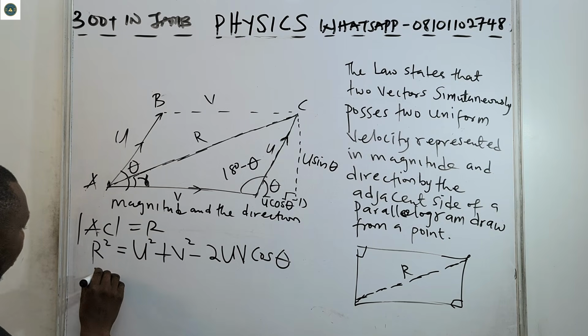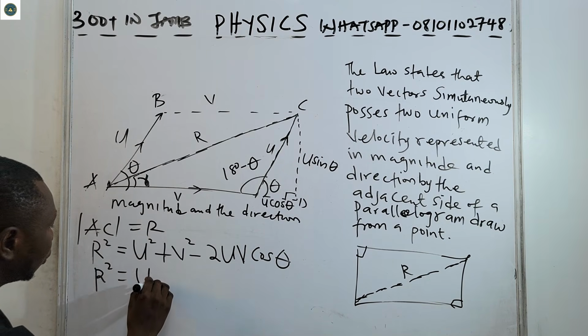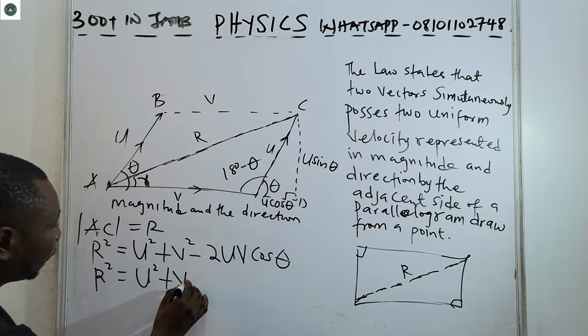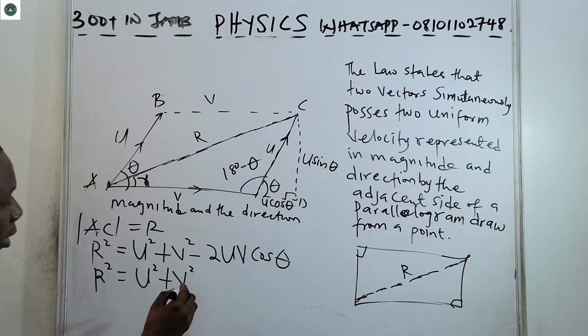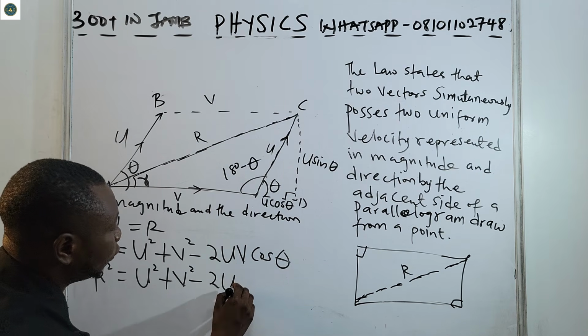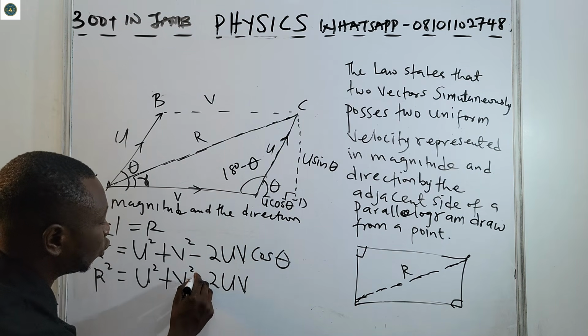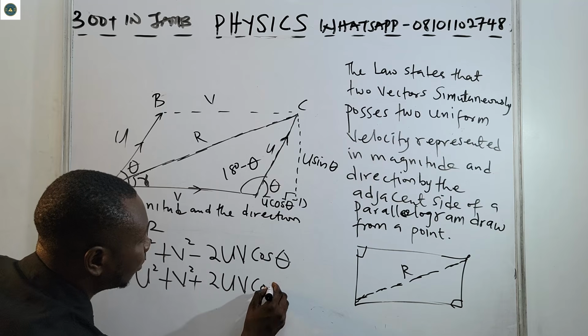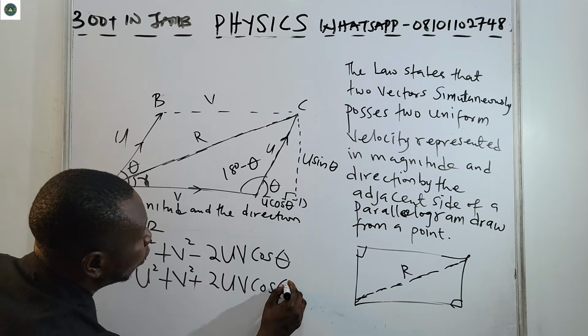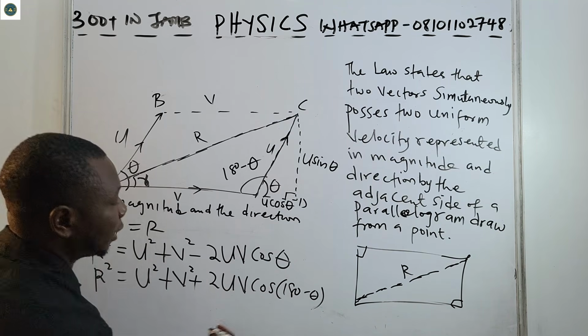Or R squared equals U squared plus V squared minus 2UV. No, I can decide to use plus, but this time it will be cos of 180 minus theta.